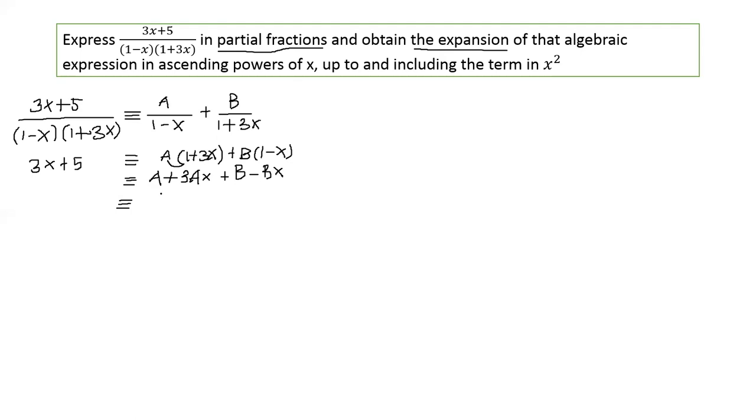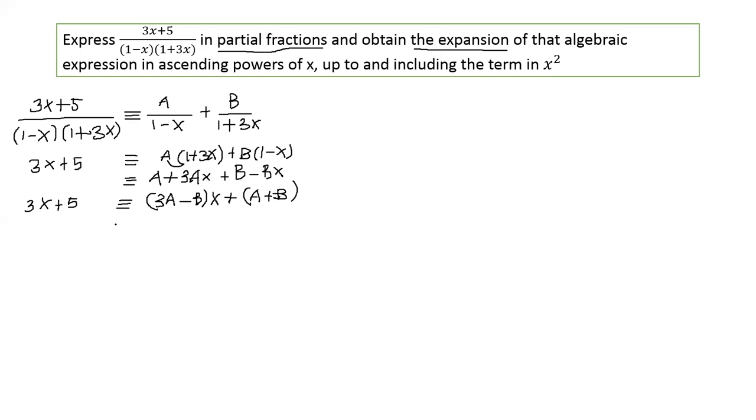And next, factorize 3ax and minus bx. Okay, (3a minus b)x plus (a plus b). And the numerator is 3x plus 5.